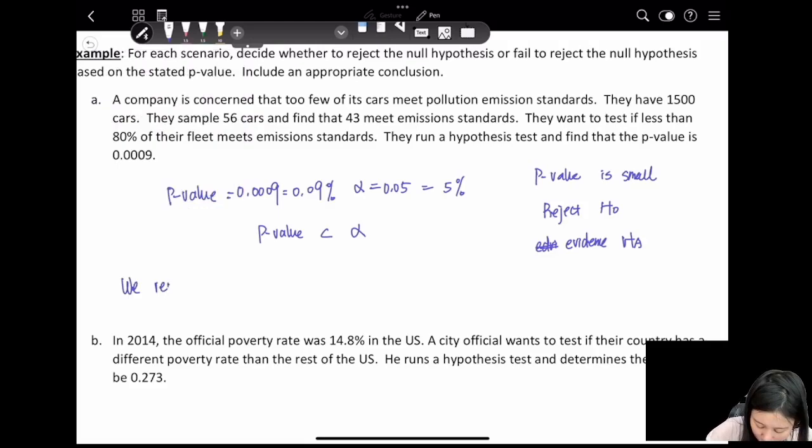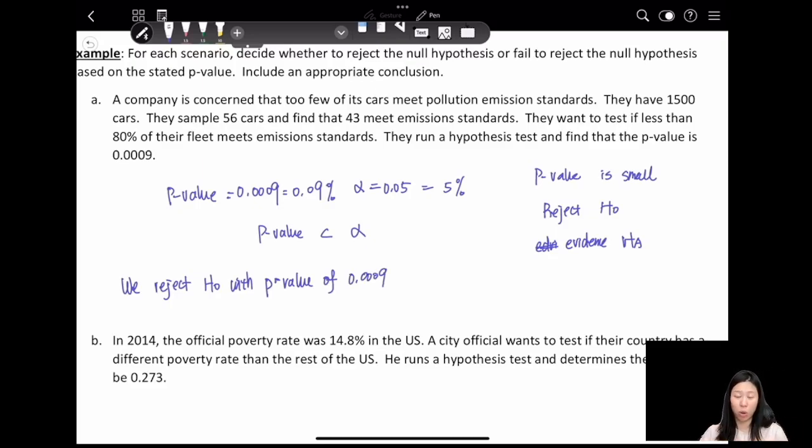Okay, so we can say that we reject the null hypothesis with a p-value of 0.009. You can write it in decimal form or in percentage form.